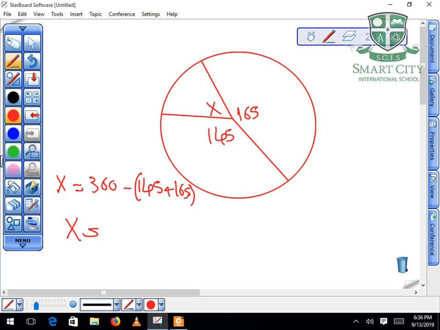So X equals 360 minus the sum of these two angles, equal 50 degrees.